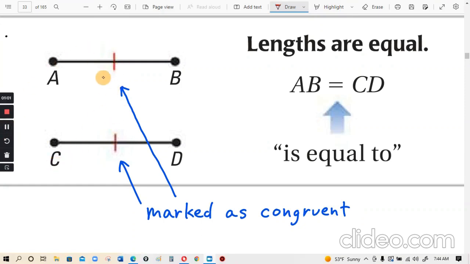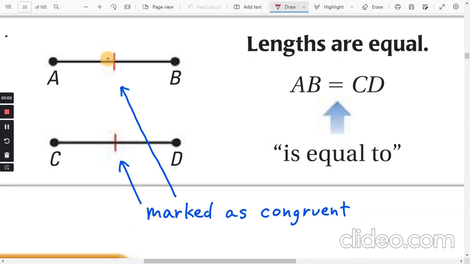You'll see in some cases that the two congruent segments have two marks like that, and that will indicate which ones are congruent or the same length. In some cases, you might see it with three marks, okay? If they both have three marks, that means they're both the same length.